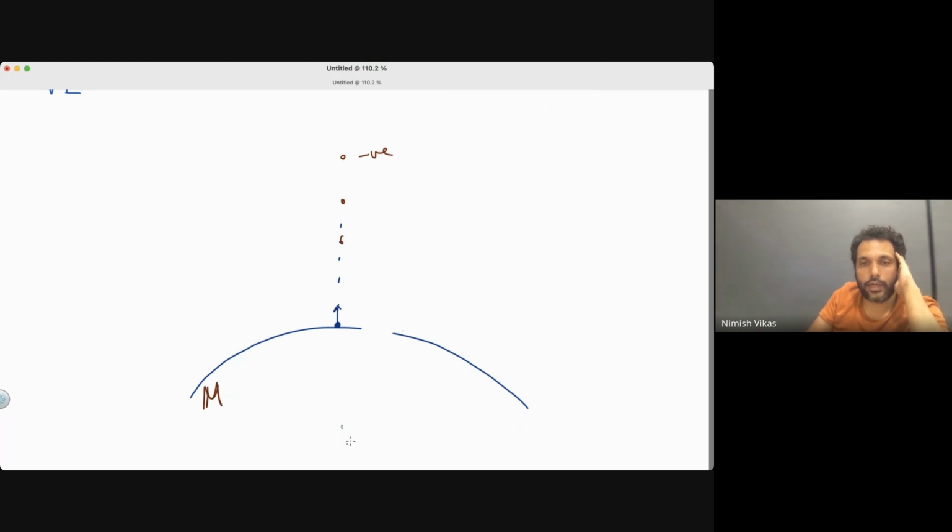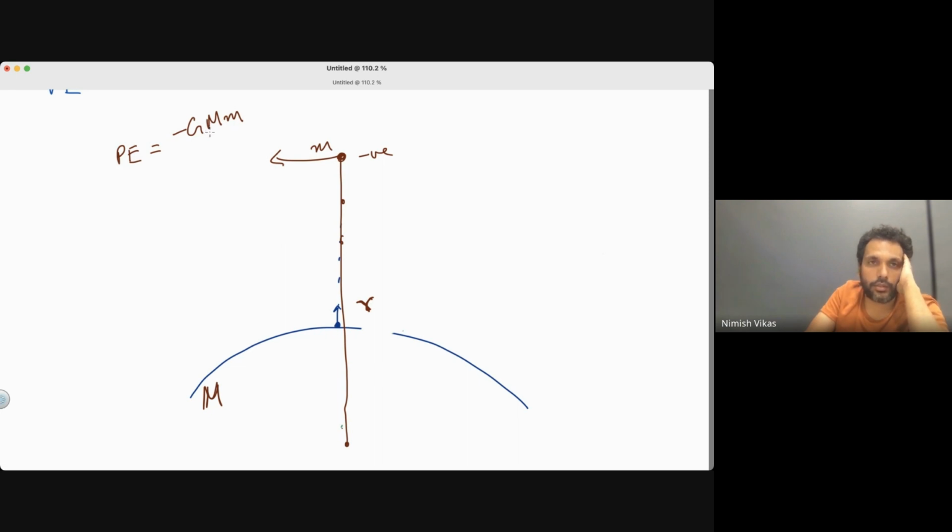Measured from the center of mass of the body which is creating the gravity, if I go r above from the center of mass, and at this point a mass m is kept, then the potential energy of that body will be equal to, anybody? Minus GMm by r.